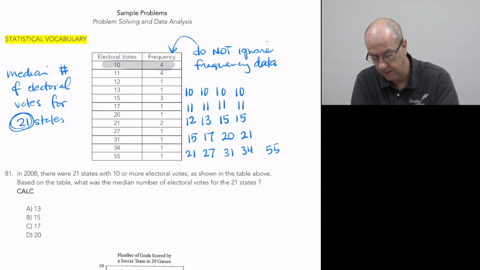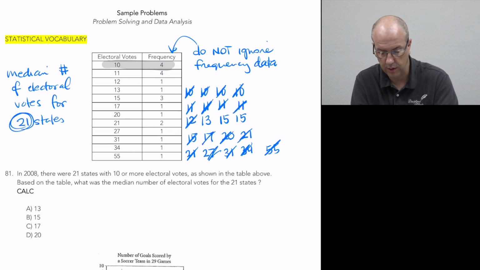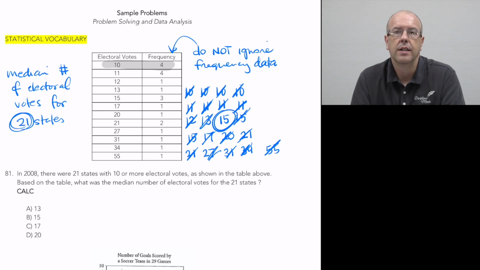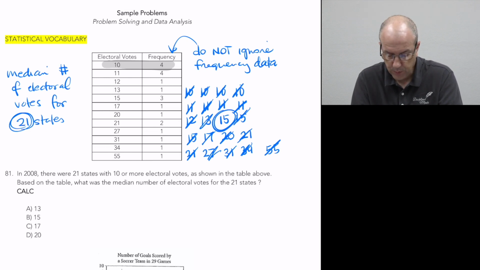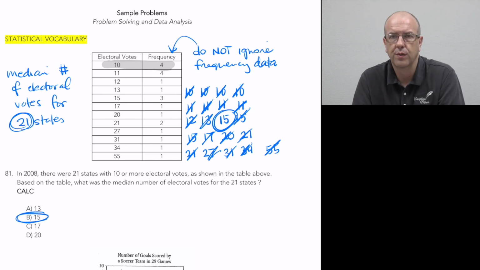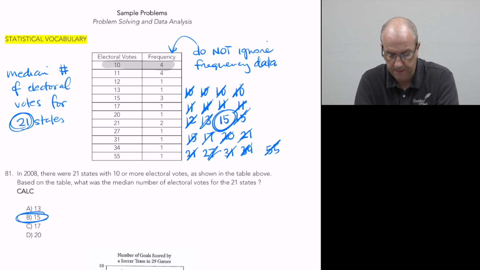And so I go 1, 2, 1, 2, 1, 2. And I'm just going to cross out 2 at a time because it's going to be a little bit faster. 1, 2, 1, 2, 2, 1, 2. And then I get here and I'm 1, 1, and my 15 is the middle of the data. Okay, so the median number of electoral votes for these 21 states is 15.